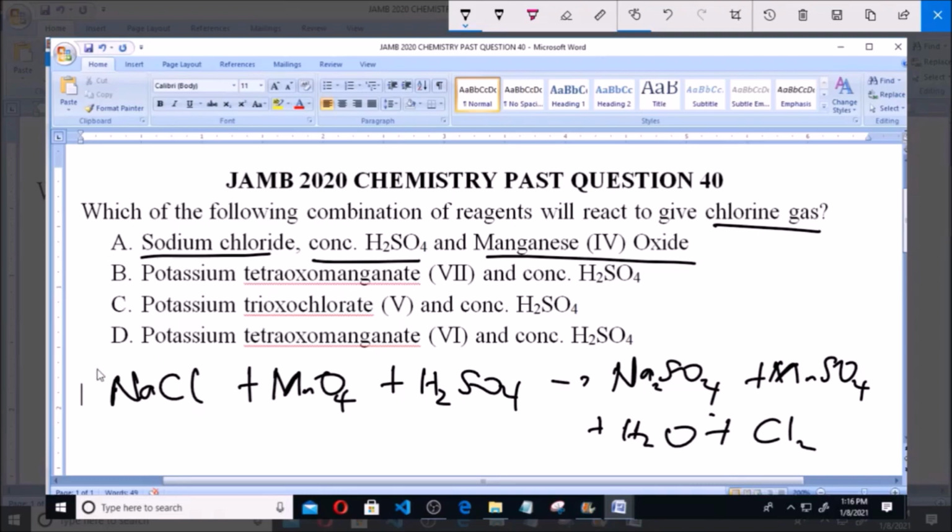Now balancing this equation, we'll have 2 here, then we have 2 H2O. Now sodium chloride plus manganese 4 oxide plus conc H2SO4 will liberate chlorine gas. So option A is the correct answer to this question.